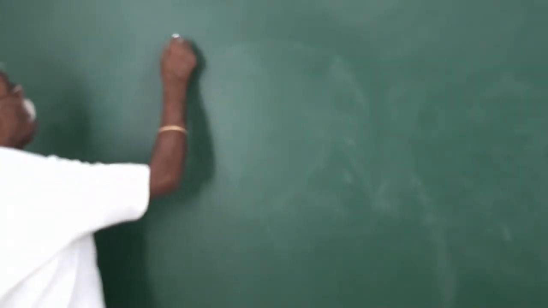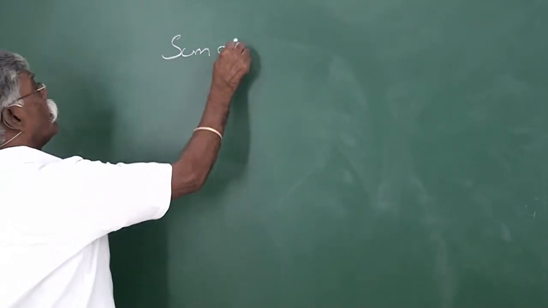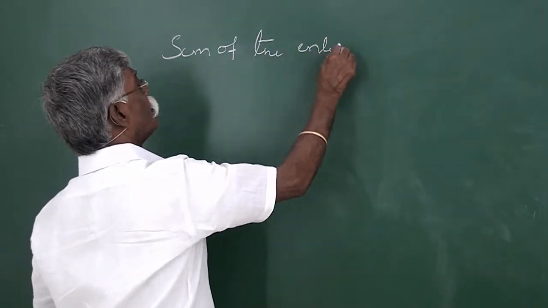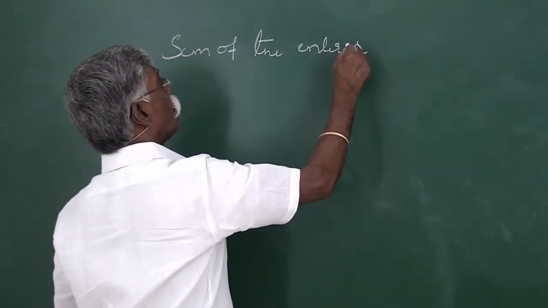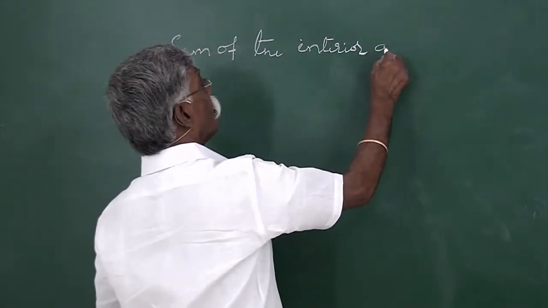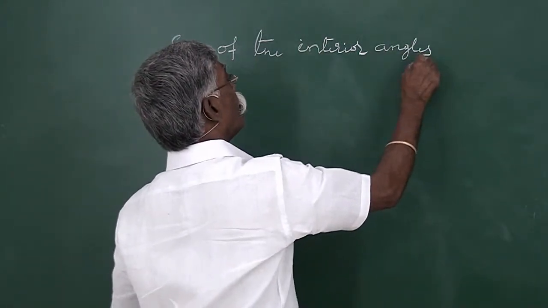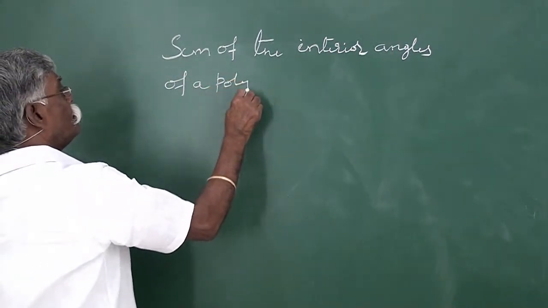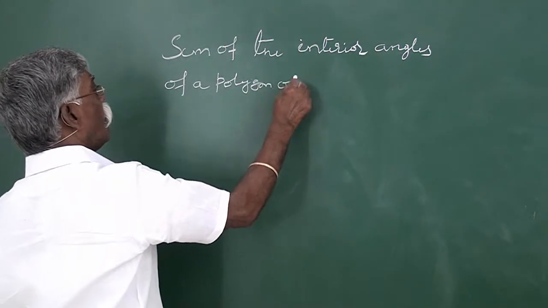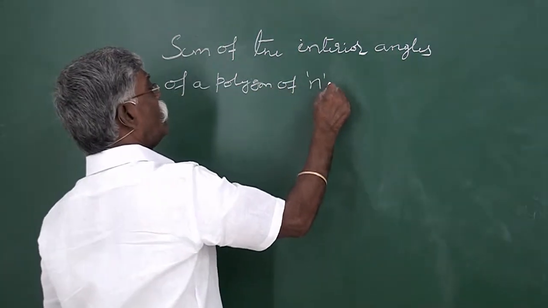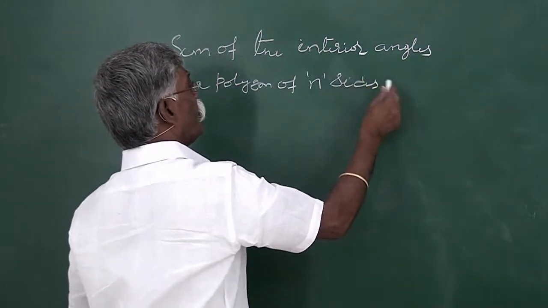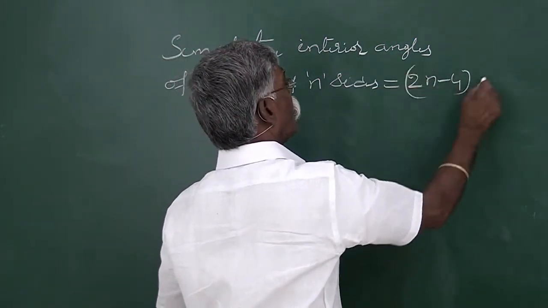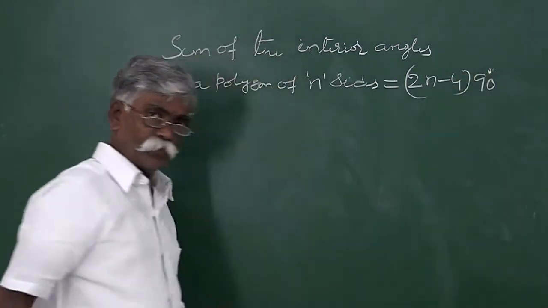Now, the sum of the interior angles of a polygon of n sides is equal to 2n minus 4 into 90 degrees.